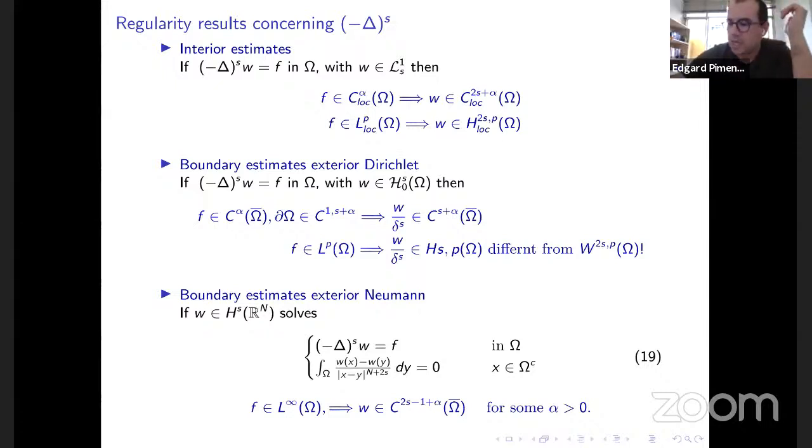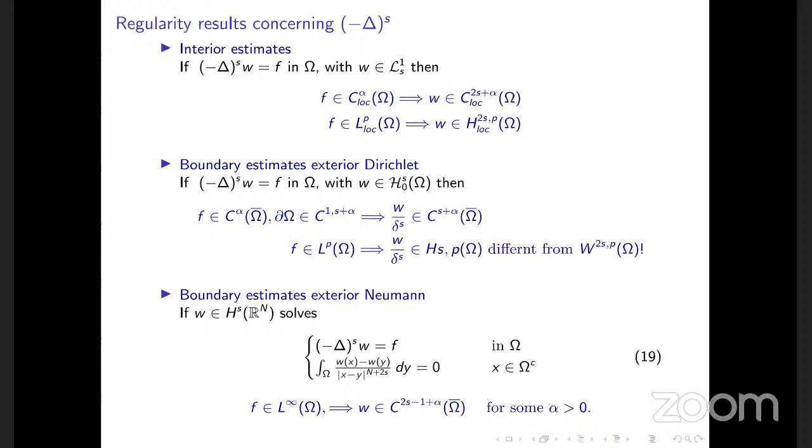So my question is, is there any clear bottleneck or clear obstacle to move from this W2,delta to something like W2,p, as in the usual W2,p Caffarelli regularity theory?